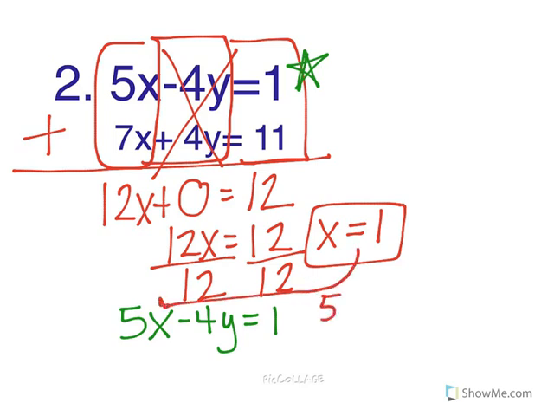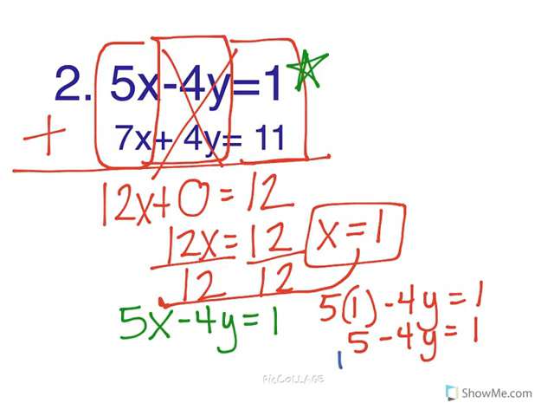So we're going to do 5 times 1 minus 4y equals 1. 5 times 1 is 5. Minus 4y equals 1. 5 is positive. In order to move it to the other side, we have to subtract it. So we're going to subtract 5 on both sides.